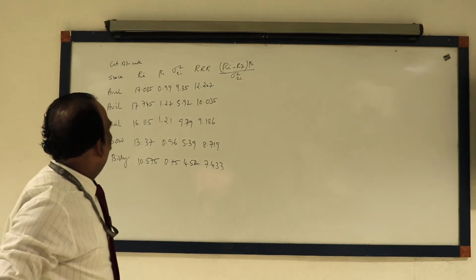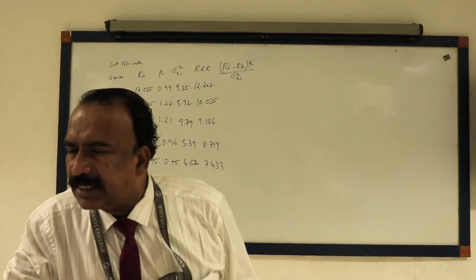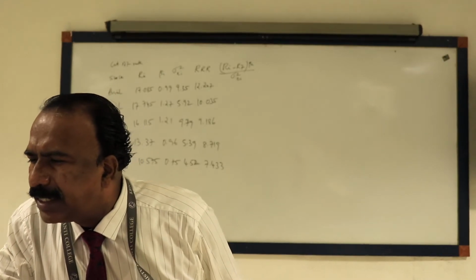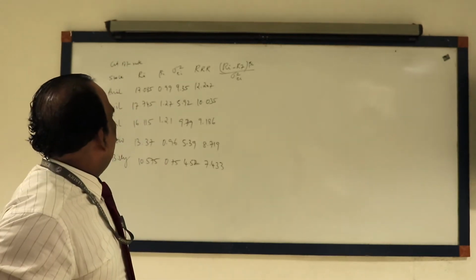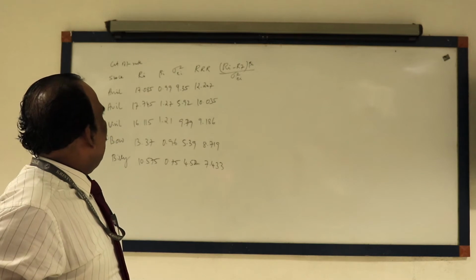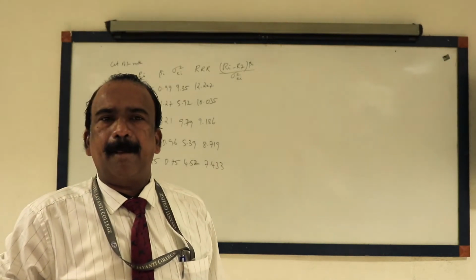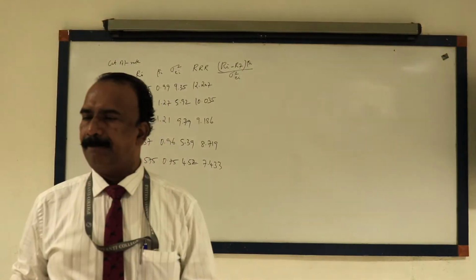Ri is 17.085. The risk-free rate is how much? 5%. So 17.085 minus 5, multiply with 0.99, divide by 9.35. How much comes? Kindly take the calculator and do it.